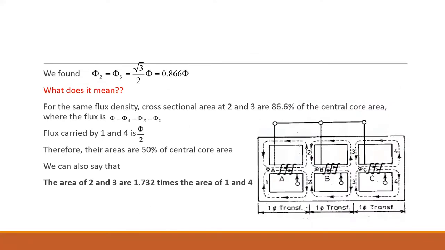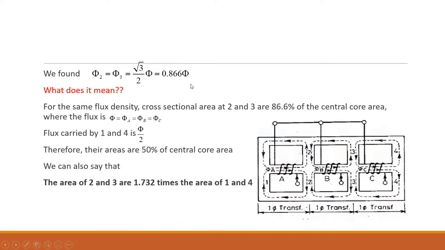So when we are talking about phi 2 equal to phi 3, we can conclude that if there is the same flux density in cross sectional areas 2 and 3, which will be basically here 86.6%, how do you obtain this value? Just substitute and simplify, so you will get 0.866. So it will be 86.6% of the central core area.